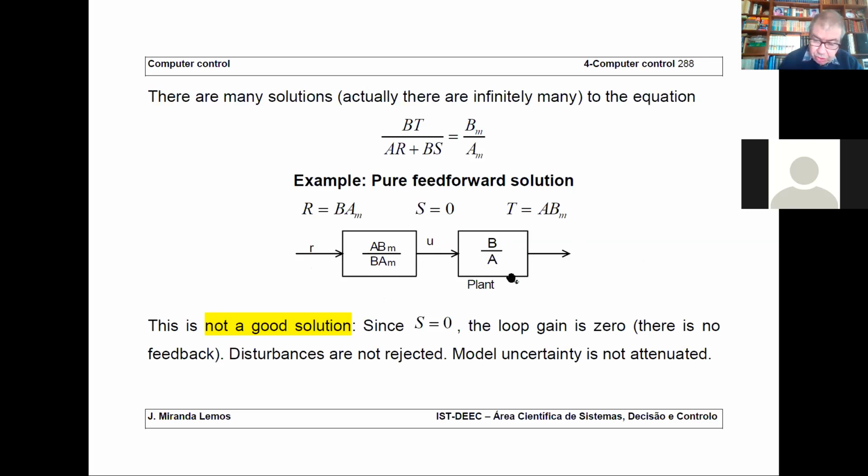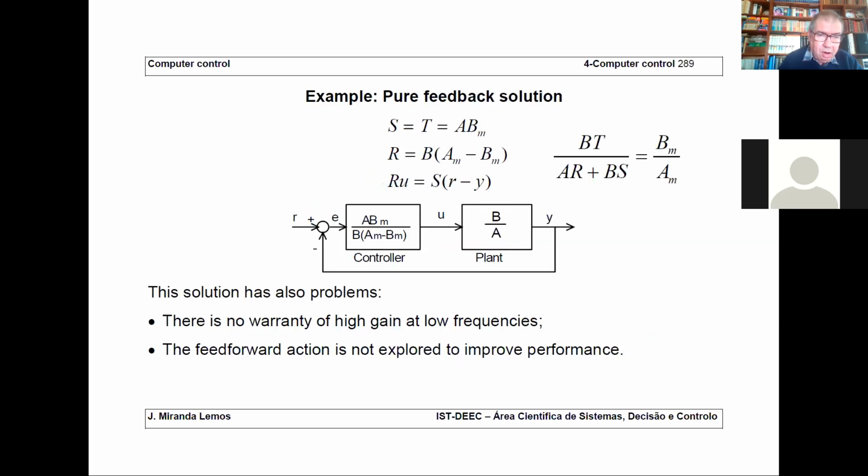But it's one solution. Now, suppose that you have another solution. This other solution is selecting these R, S, and T polynomials in this way. S equal to T equal to ABM, R equal to this expression. If you replace it, you get again BM divided by AM.